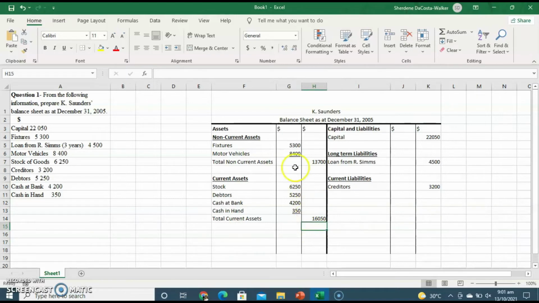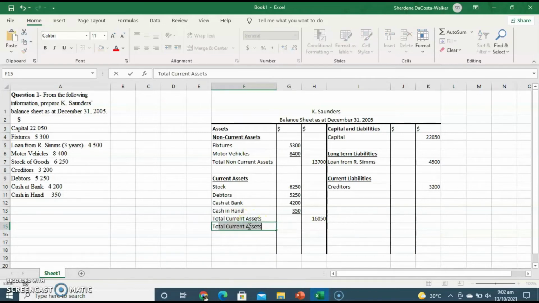Seeing that the asset side is the longer side, with more information, I'm going to put the total after the last information. So my total will go here, and for this side, it will go here as well. So this is known as the total assets. So I'm going to add this figure, the total non-current, with the total current, and I will get my total.